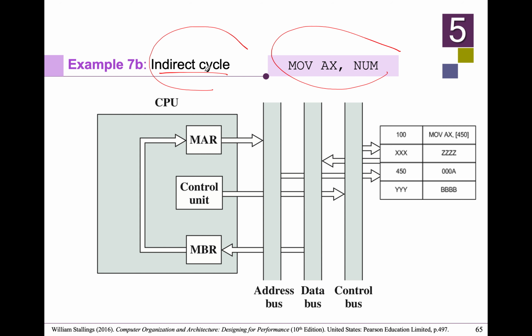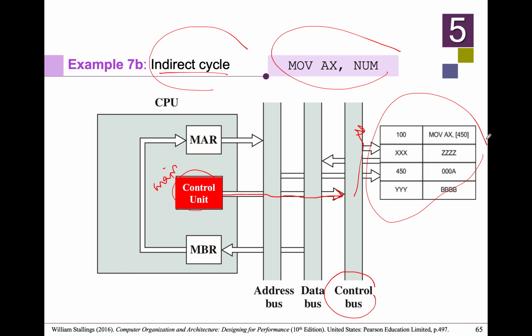What happened is, first of course you're going to have your control unit as the main leader, as the team leader. The control unit will first check and connect using your control bus to your memory, and it will look into the first address.